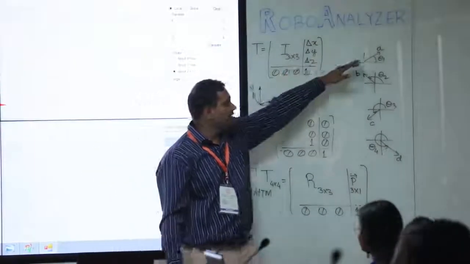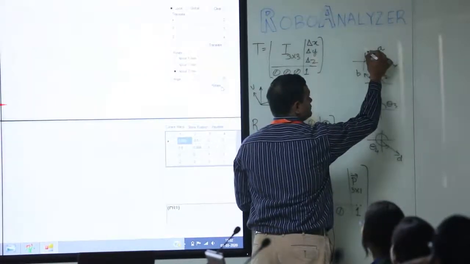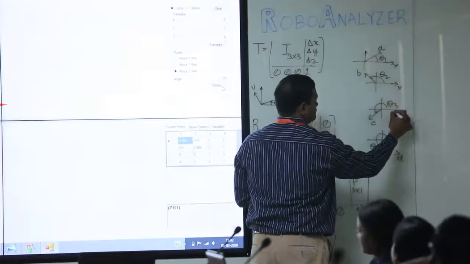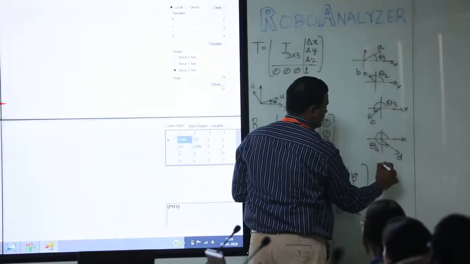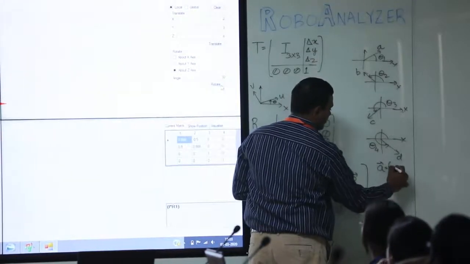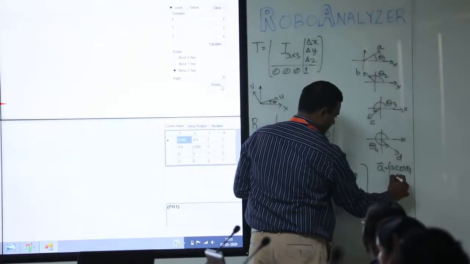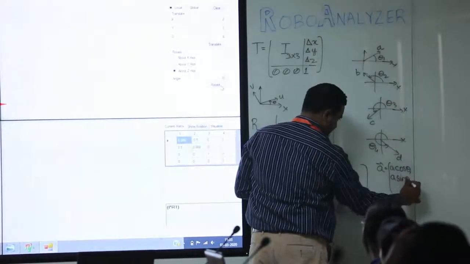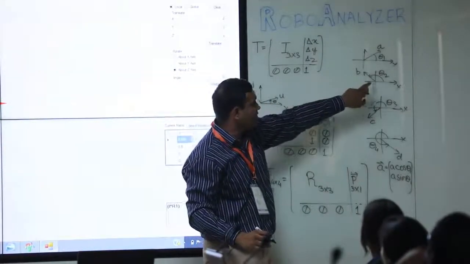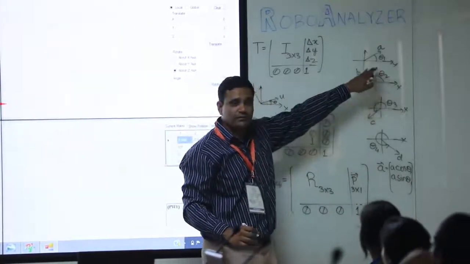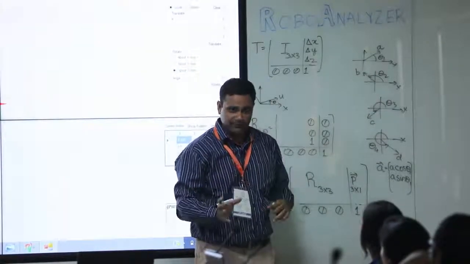If you are measuring the inclination with respect to the positive x, components will always be A magnitude cos theta, A magnitude sin theta. Similarly for B, you can write it as B cos theta 2 and B sin theta 2. You need not worry about the sign.